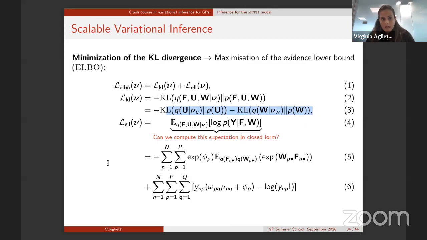And because you have this summation over n for the expected log likelihood, you can use stochastic methods for that. The nice thing is that, independently of the computational cost, you don't need any other methods on top of that for gradient variance reduction. So having this closed form is not really helping you in terms of computational cost. What it's helping you with is that you don't have the additional approximation error that you introduce by using Monte Carlo.